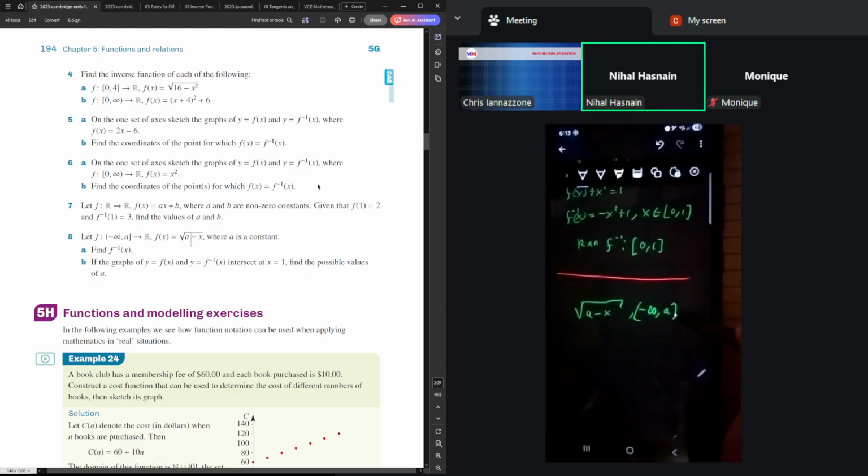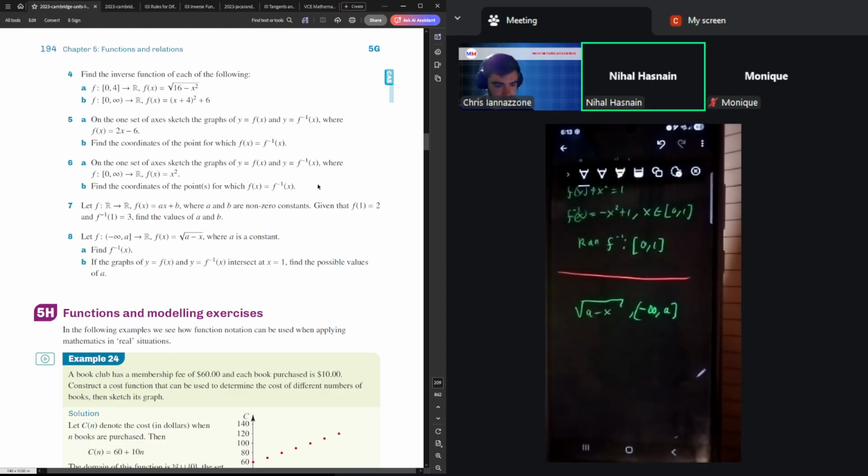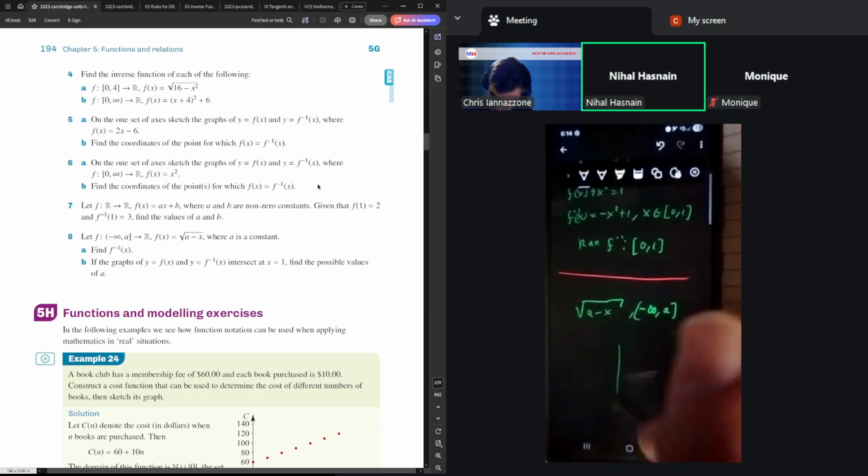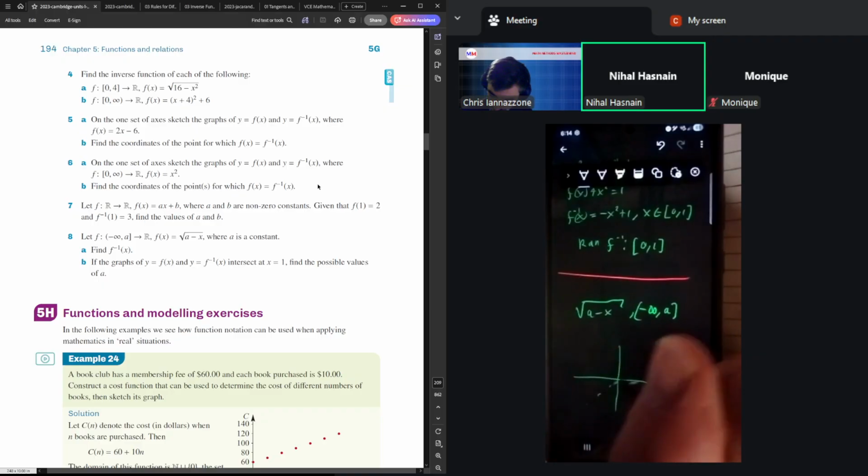For both the original graph and the inverse graph to intersect, one of the graphs should have an intersection with the line y equals x.